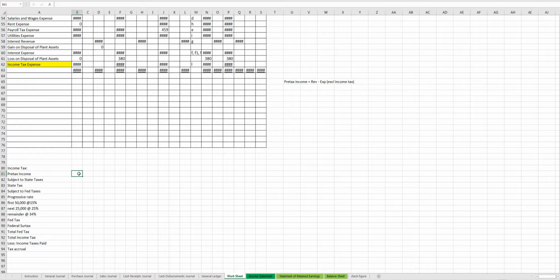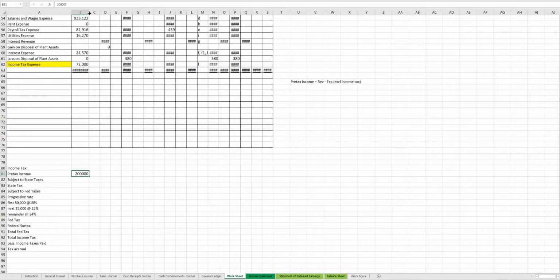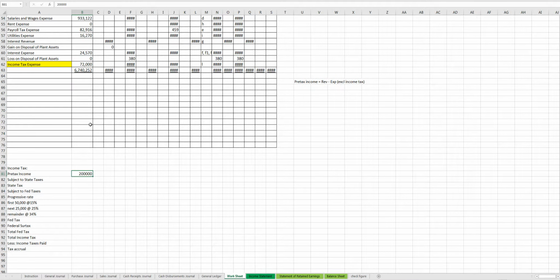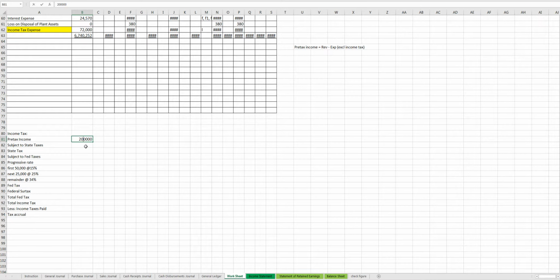So assume we have, for example, $200,000 pre-tax income, and the whole amount is subject to the state taxes.